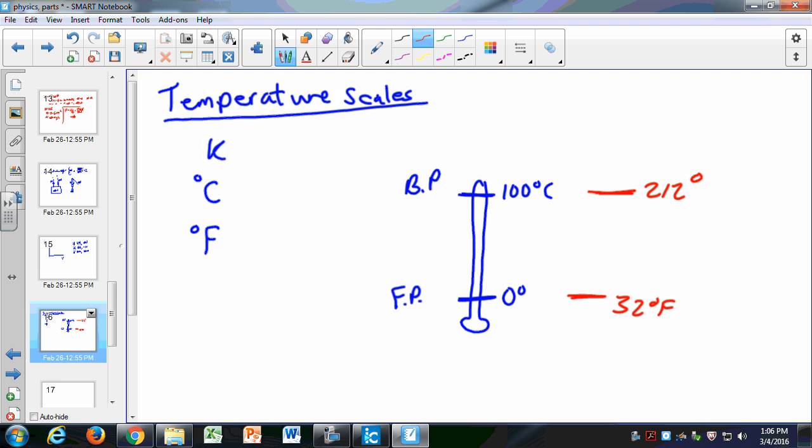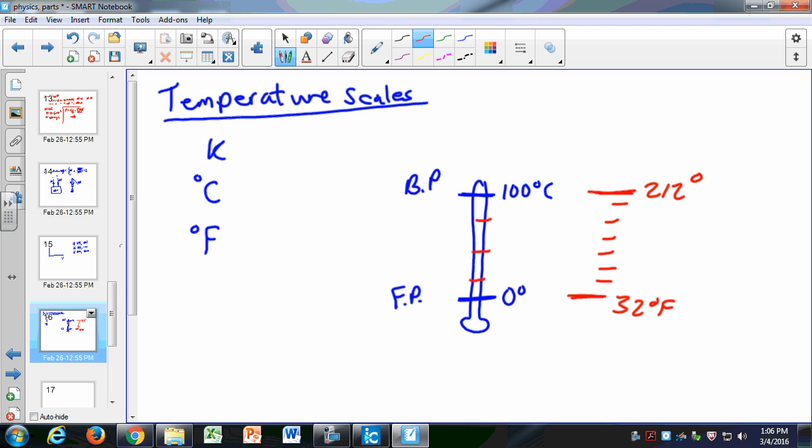Well, look, there are 100 degrees between 0 and 100. Between those same physical temperatures, there are 180 degrees on the Fahrenheit scale. I have more degrees here. So which one has the bigger change in temperature for 1 degree, Celsius or Fahrenheit?